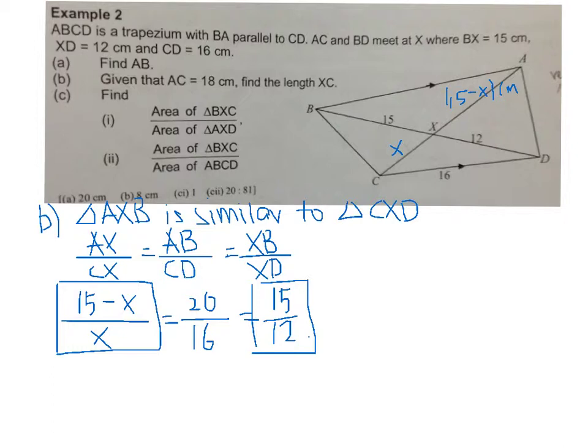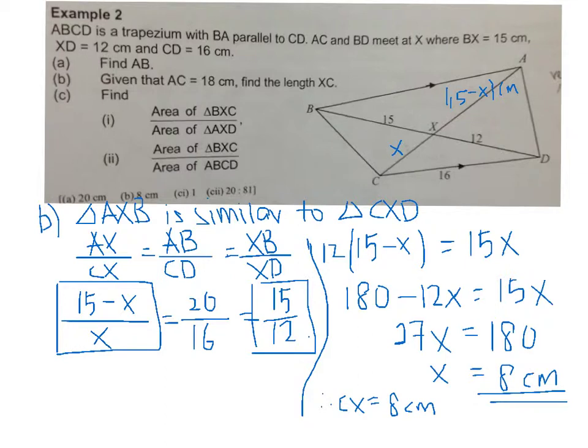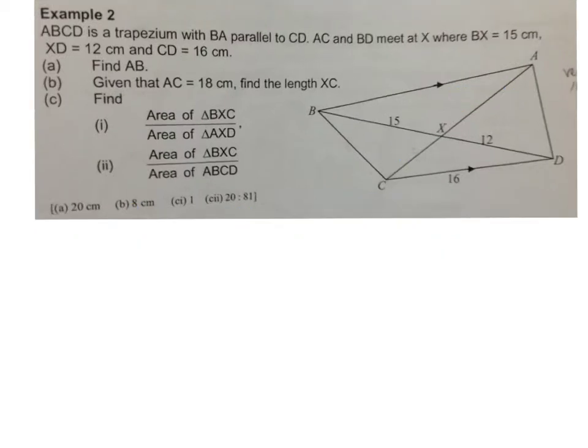So now if I simplify my equation, I will cross multiply and I will get this. Okay, so when you're done, you'll get your value of X to be 8 cm. So to answer the question, find the length of CX, you will write, therefore CX or XC equals 8 cm.